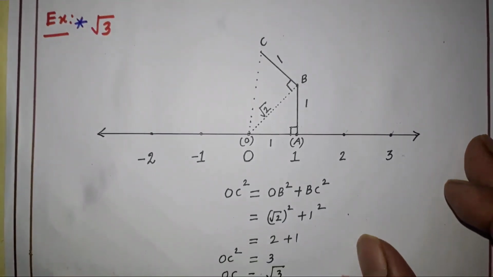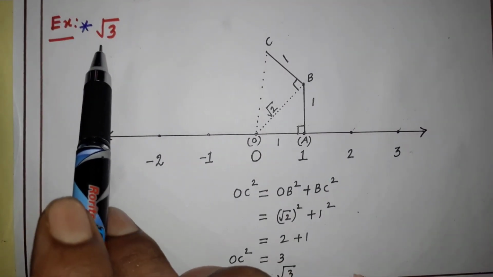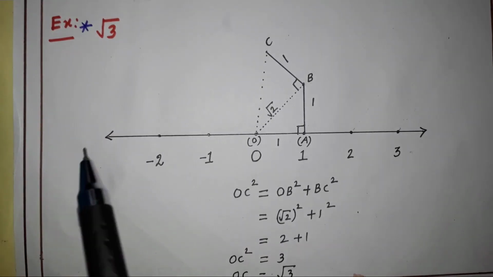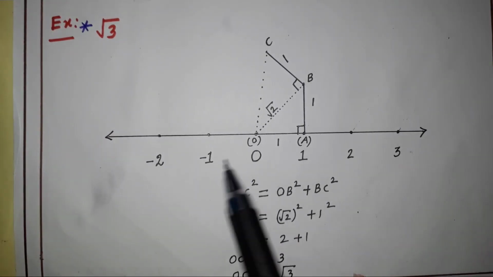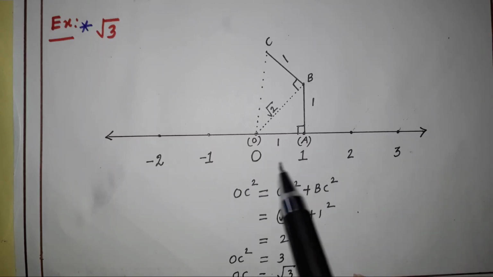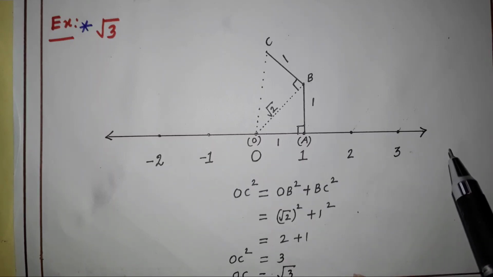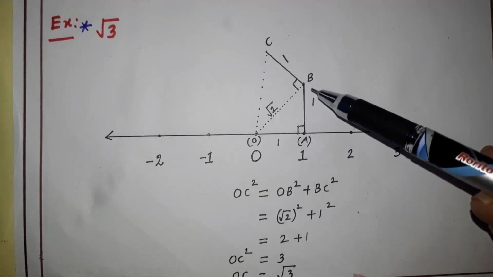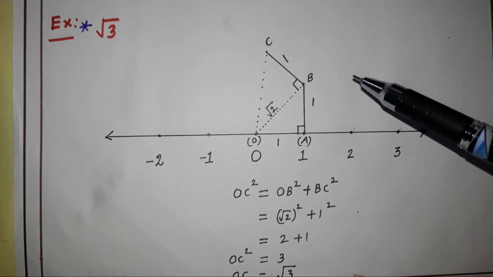Now one more irrational number, root 3. How to represent this root 3 on a number line? We see that. Again, you draw the number line and take the numbers with equal distance. I told you I took 2 centimeters as 1 unit for my convenience, and up to the root 2 construction you do the same procedure.